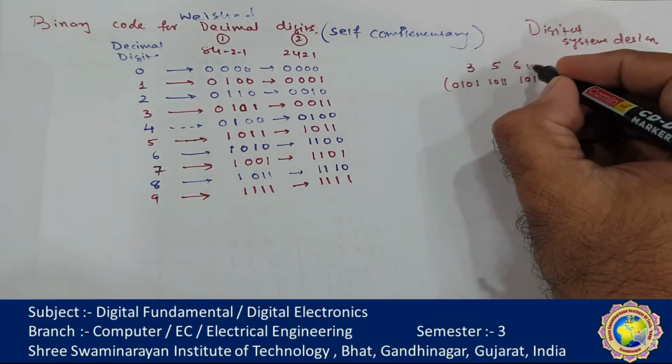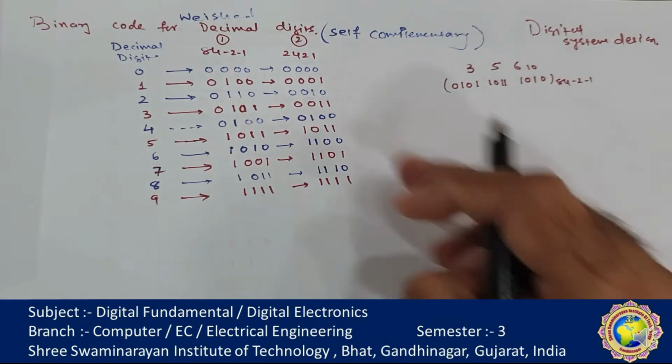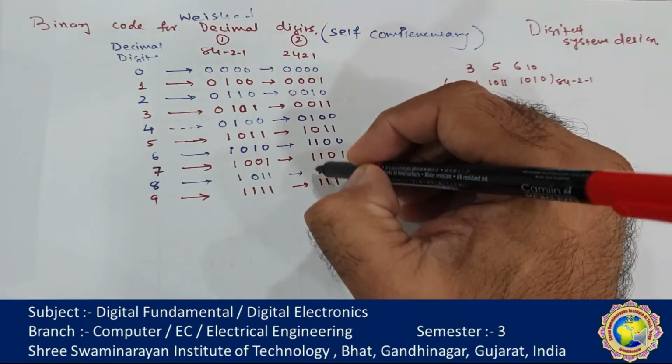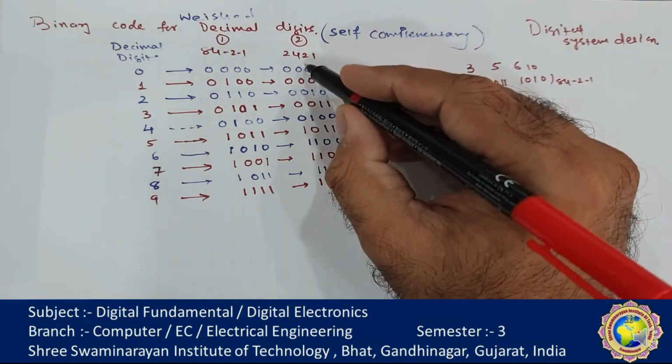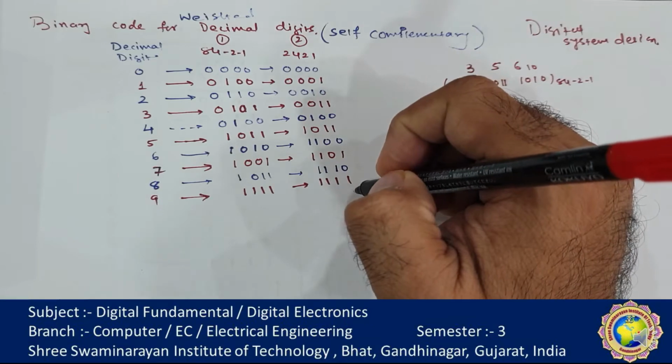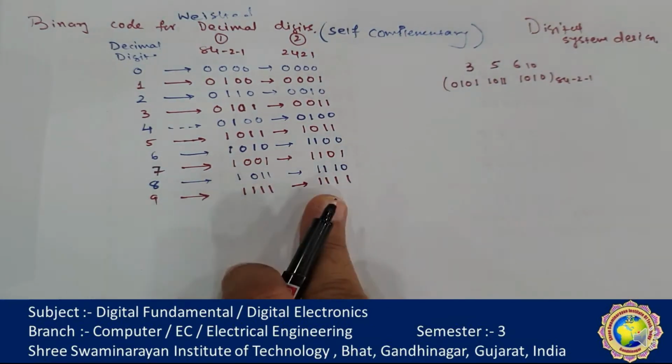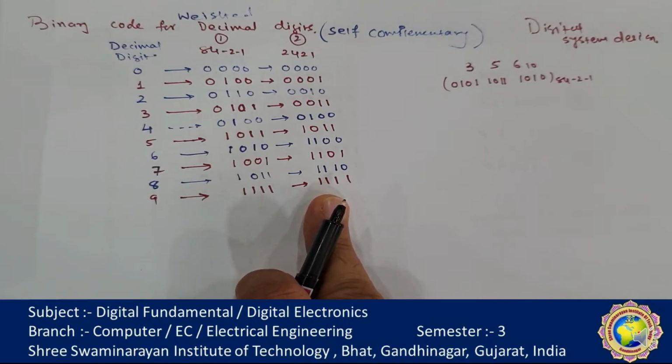This is the decimal digit. Similarly, in 2 4 2 1, the weightage of the MSB is 2, next is 4, 2 and 1. Both tables are weightage codes, binary for decimal digits.